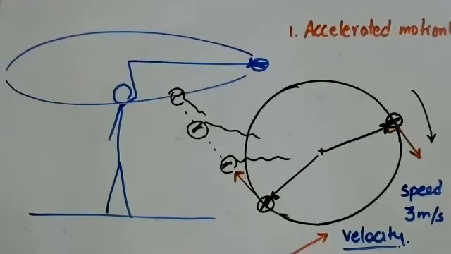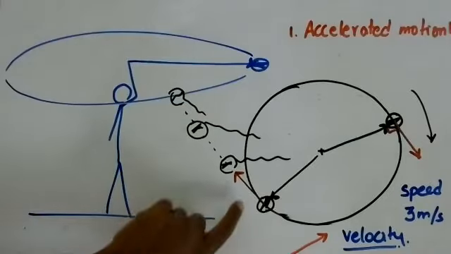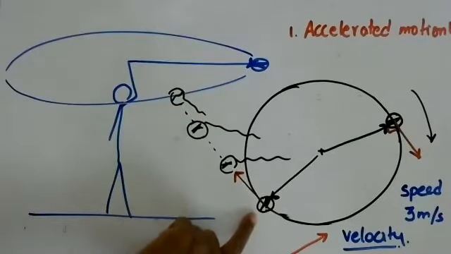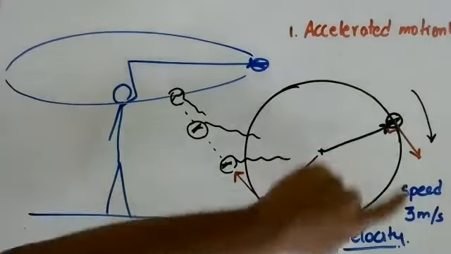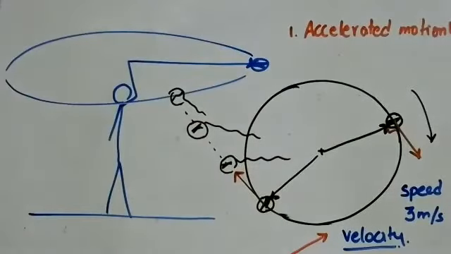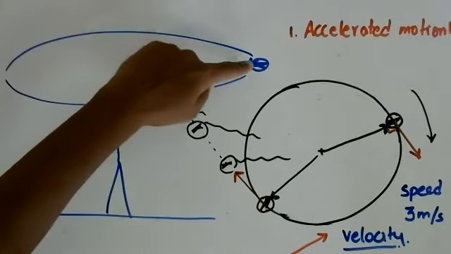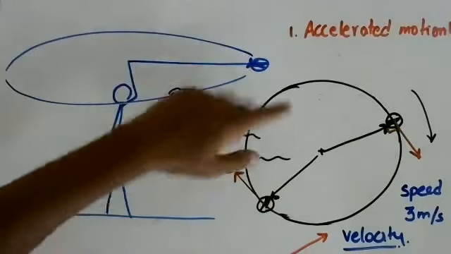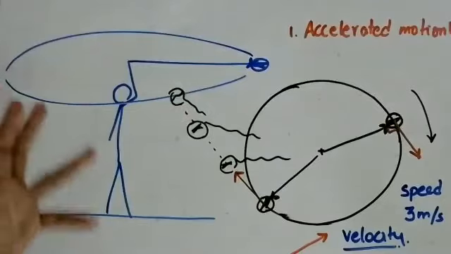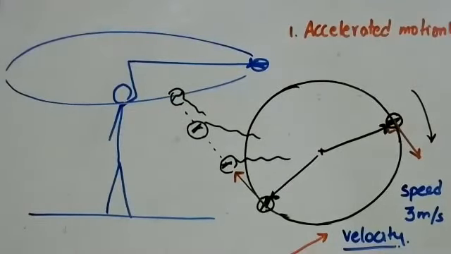So that is the proof that the velocity of the object at any point on the circular track is tangential at that point. If you let go of the string or cut the string, then it is going to move tangentially. Of course, in this case, it will also fall to the ground because gravity will immediately start acting on it. But relative to the circular path, it's going to go out tangentially.